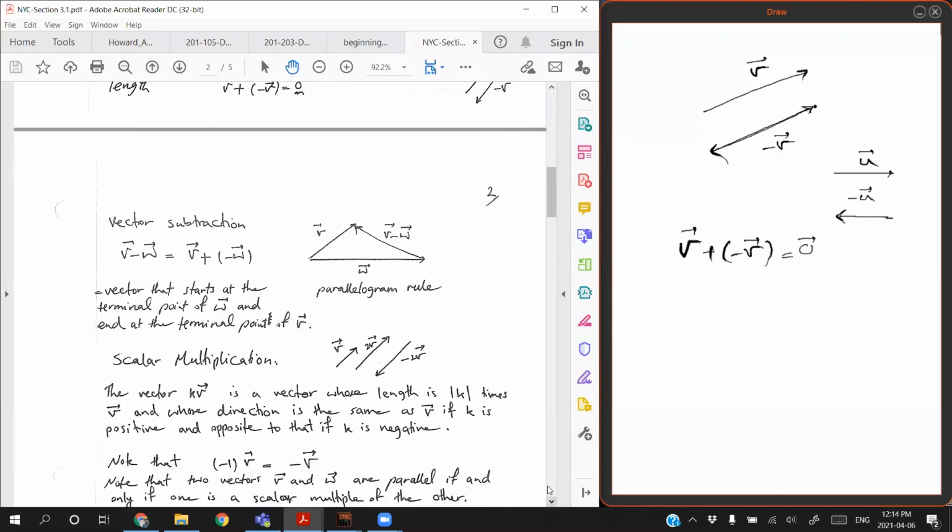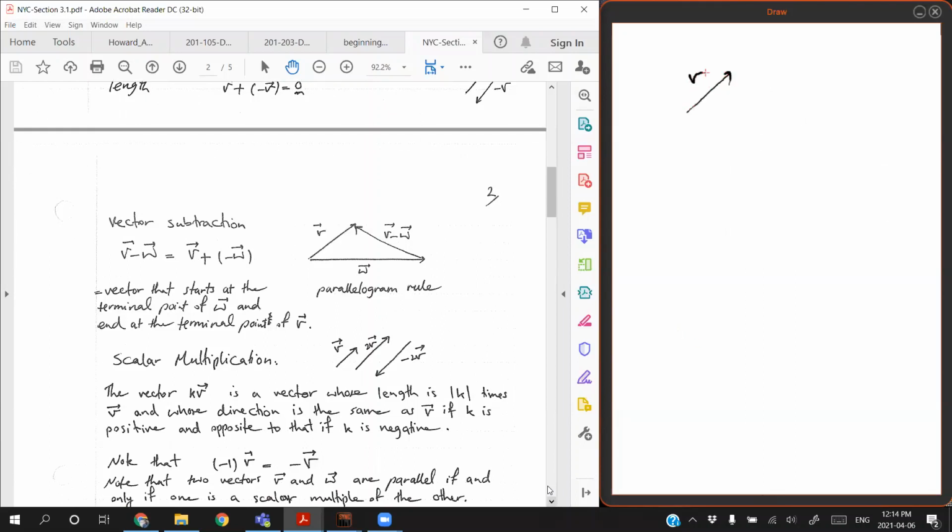How do we subtract them? If, for example, you have a vector v and a vector u, and you want to do v minus u, you define subtraction in terms of addition. So you define that to be v plus minus u. So if this is u, minus u is going to be like this.